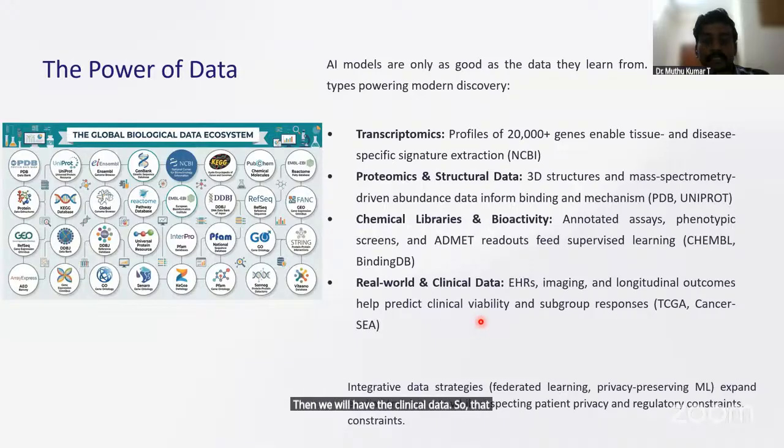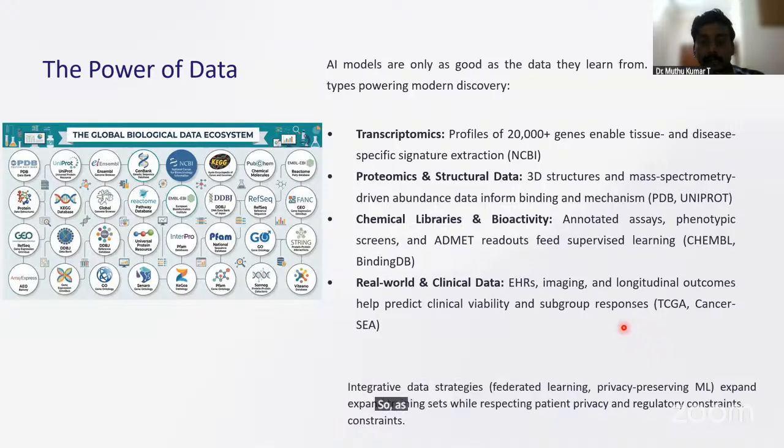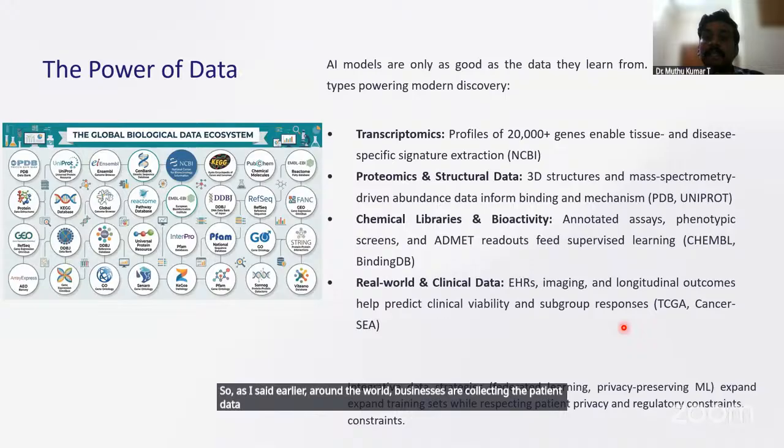Then we will have the clinical data. That is an important thing. From where can we get it? TCGA, cBioPortal, and many other biostatistics study databases. These databases contain patient data. As I said earlier, researchers around the world collect patient data with the consent and approval of the ethical committee.